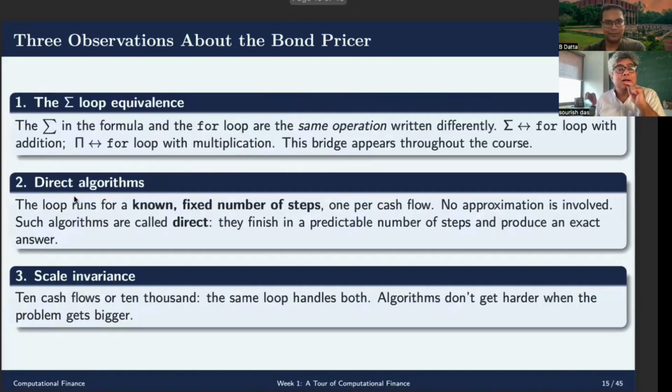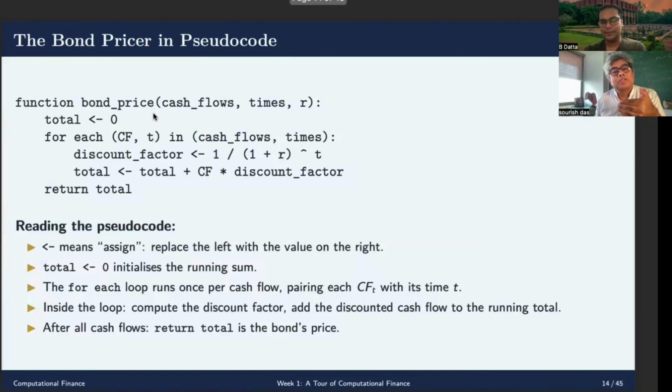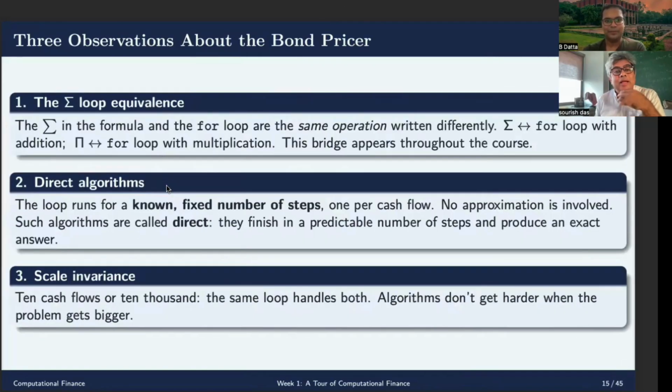Then, direct algorithm: the loop runs for a known, fixed number of steps, one per cash flow. For each T, I have a cash flow, and for that cash flow it is running. Such algorithms are called direct algorithms.